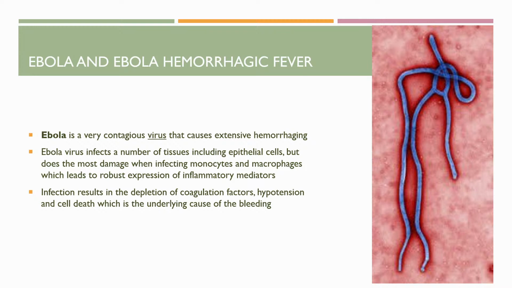That's kind of like too much of a good thing. The inflammatory response can be activated and overstimulated, and that can then result in death. And that's the underlying cause of the bleeding. But what you guys need to know is that Ebola is a virus, it's contagious, and that it causes this hemorrhaging through this immune response.